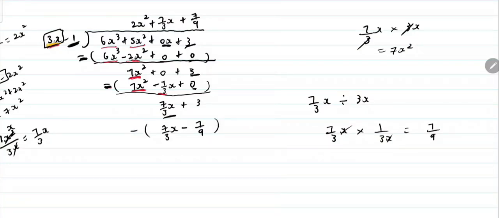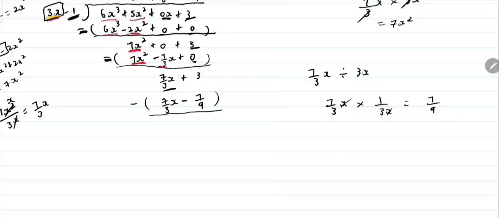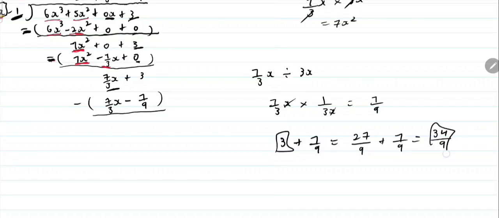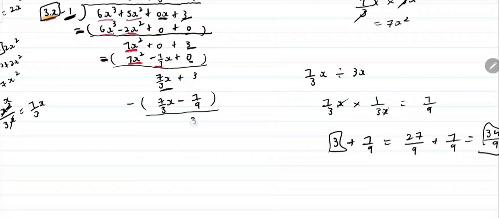Right? I'm going to subtract everything now. Alright. 7 upon 3x minus 7 upon 3x is 0. 3 minus 7 upon 9 is going to give me 3 plus 7 upon 9, right? So I get 34 upon 9 as my remainder.